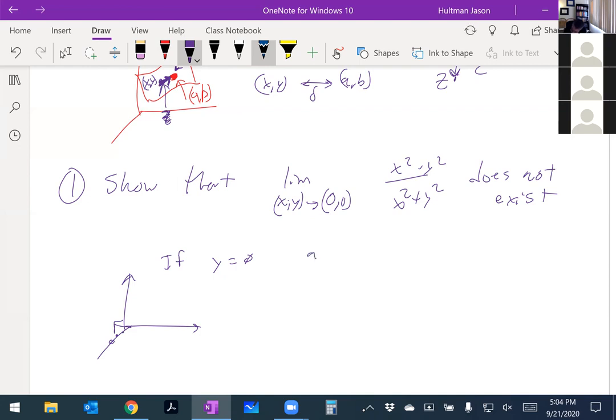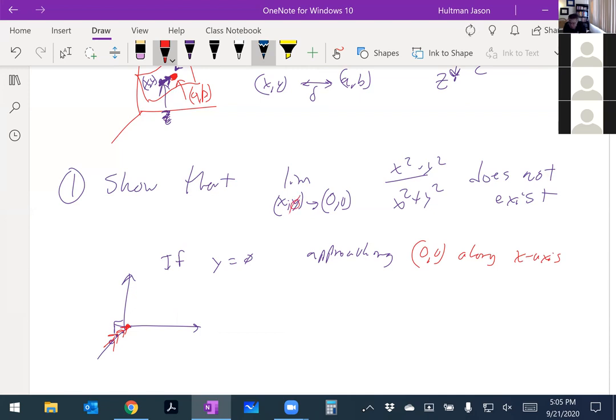It means that we're fixing y equals 0, and we're approaching 0, 0 along the x-axis, because we fixed y. We said y can't move. It's 0.